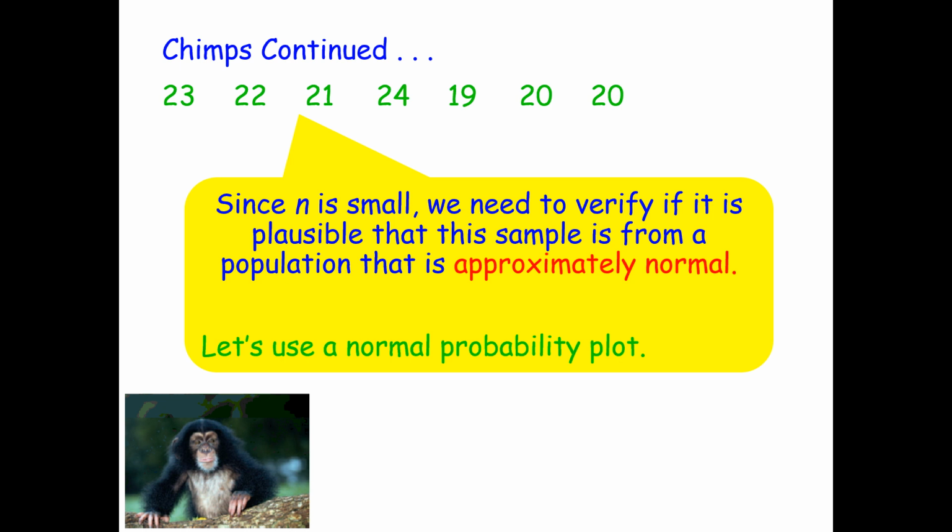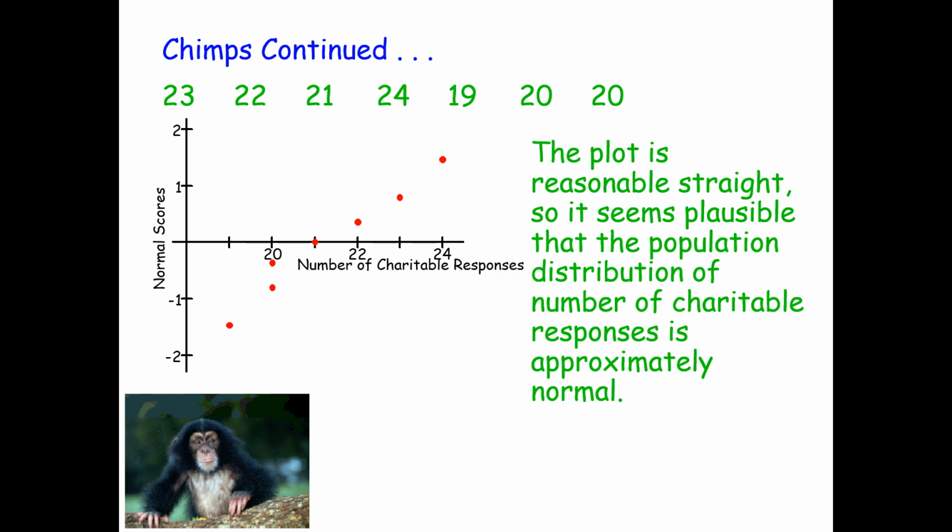Now, since n is small, we need to verify if it is plausible that this sample is from a population that is approximately normal. So we're going to use a normal probability plot here. So we're going to go and plot that. Now notice that the plot is reasonably straight, so it seems plausible that the population distribution of the number of charitable responses is approximately normal.